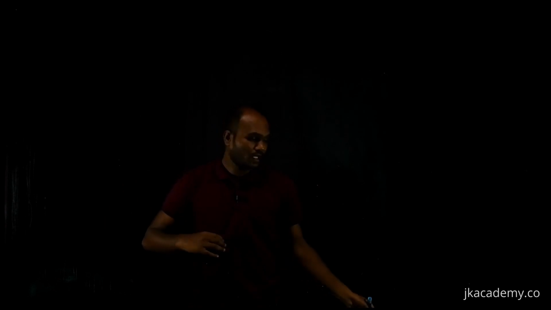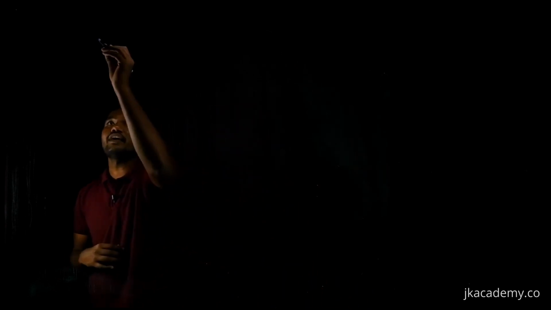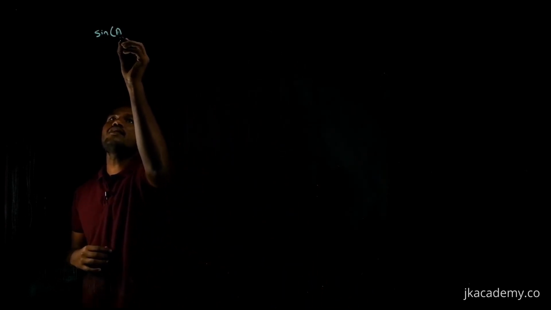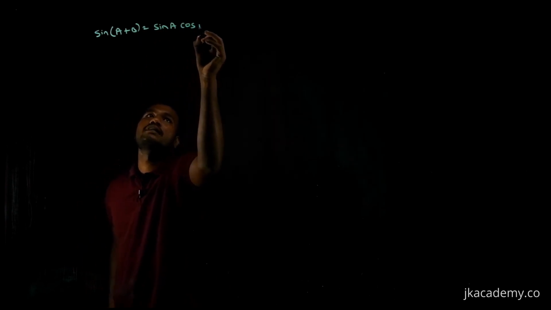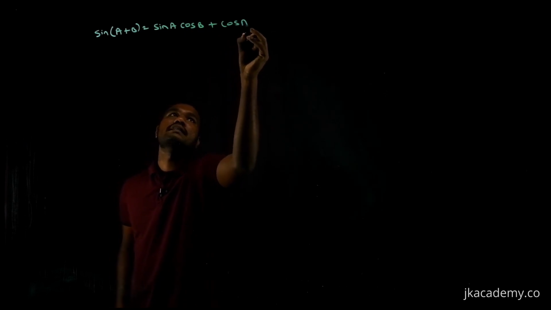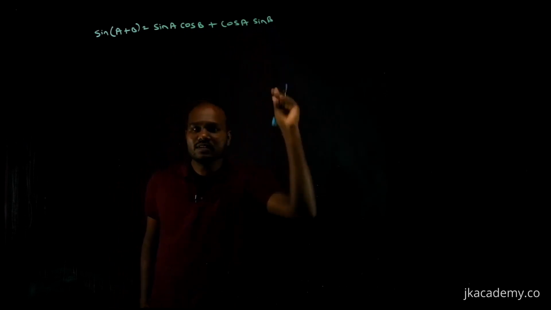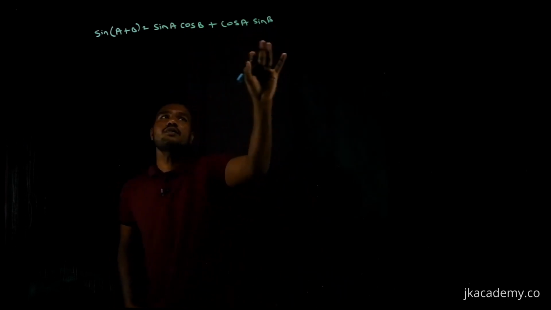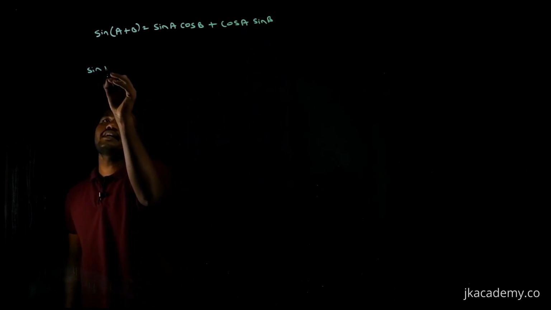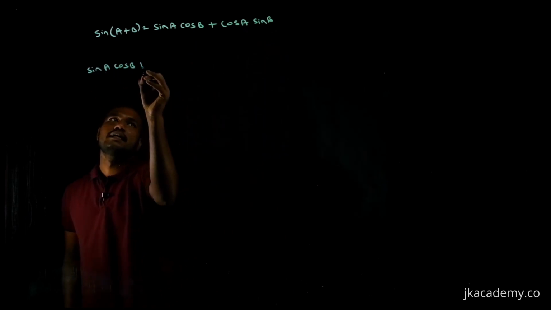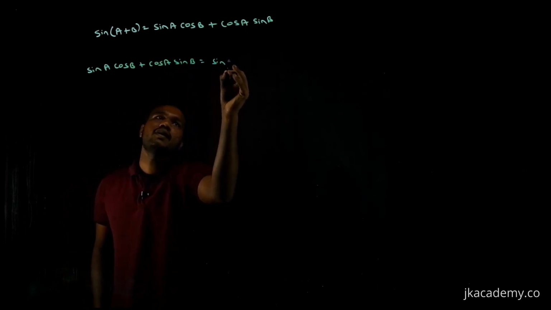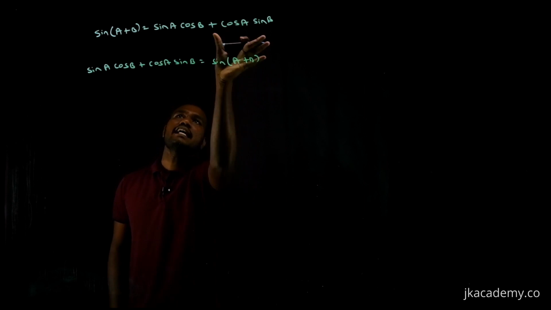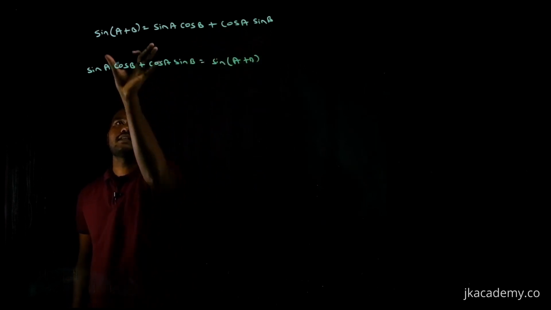Hey guys, listen. Whatever we have done till now, that is sum of the ratios, that is sin of A plus B. We know sin of A plus B is equal to sin A cos B plus cos A sin B. We know this already. Now the same formula, can I write something like this? First I will write LHS, sin A cos B plus cos A sin B will be nothing but sin of A plus B. The same formula, I have taken RHS into LHS, LHS into RHS.